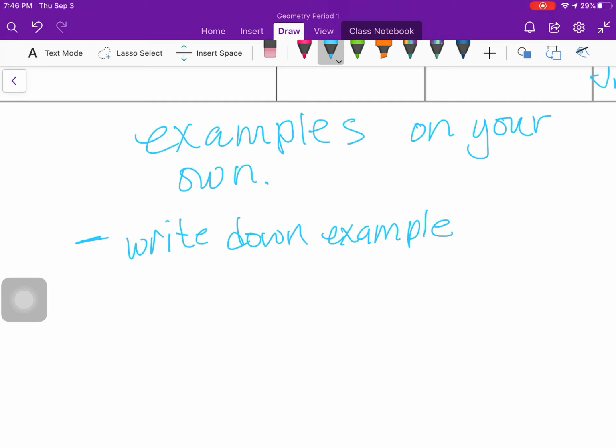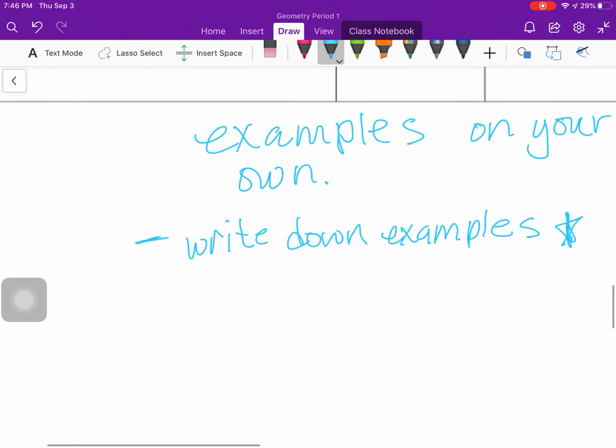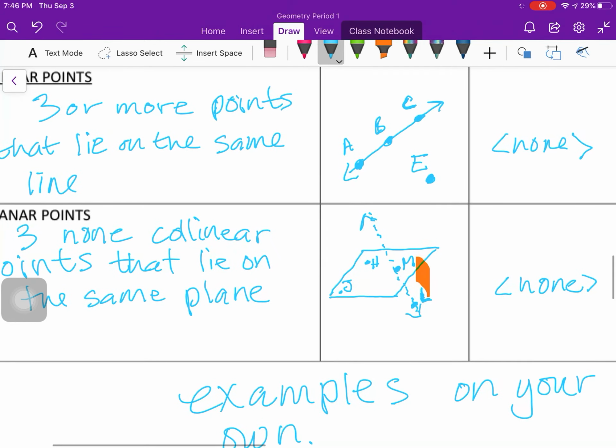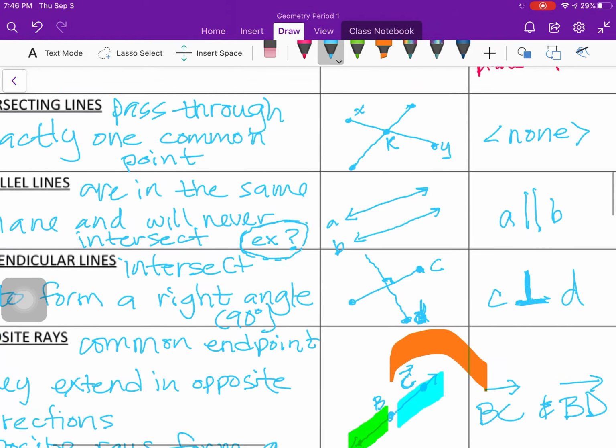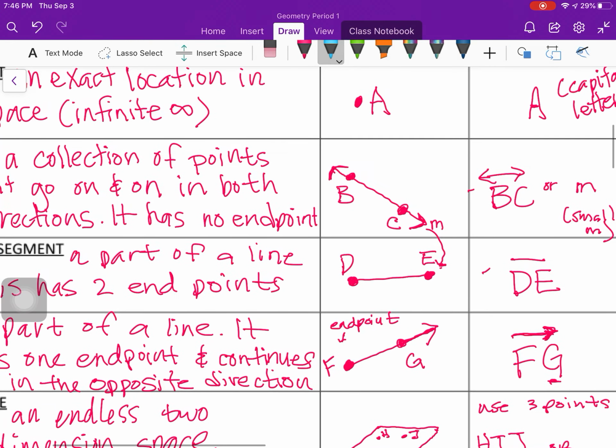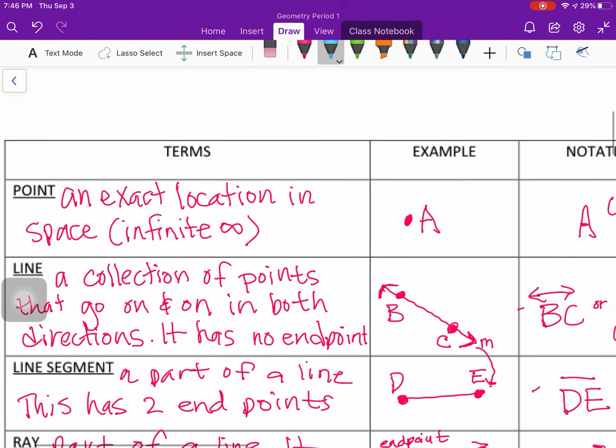Normally I would have some practice problems for you to try, but I just want you to think about some examples of all of the different vocab that we just talked about. Your rubric is attached to this. Depending on how well you took your notes, I'll be able to see, and you will get points just on taking notes and watching the video.